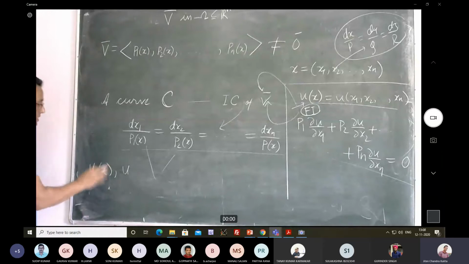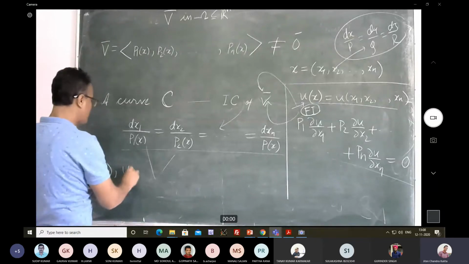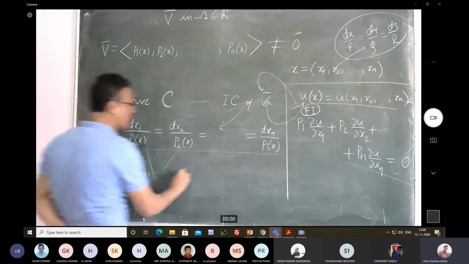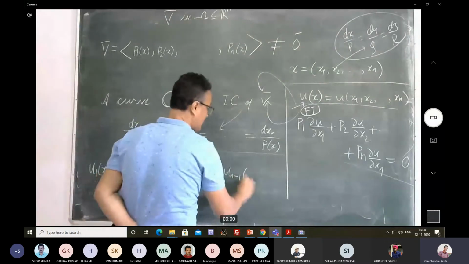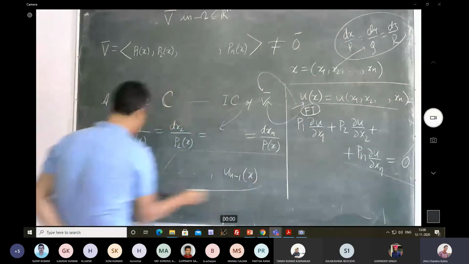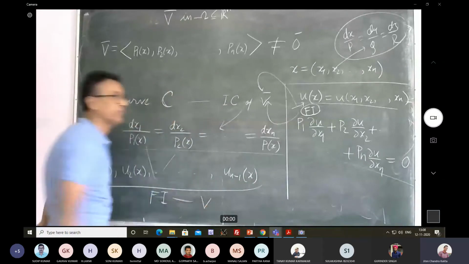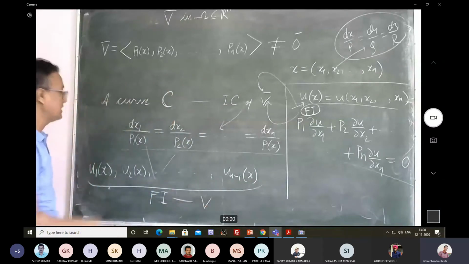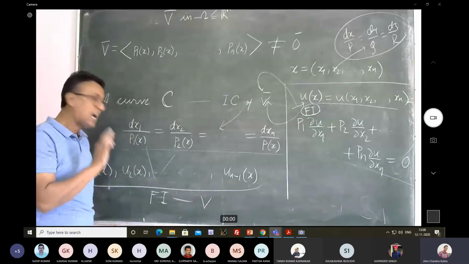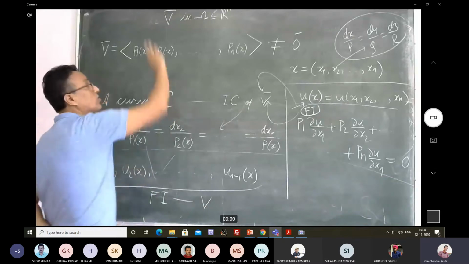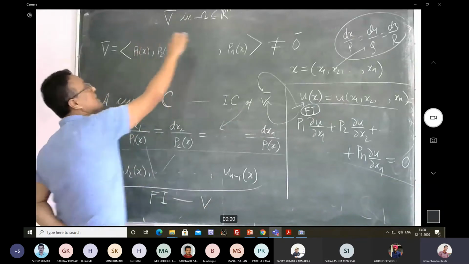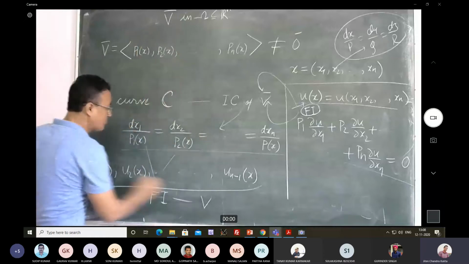You have to remember that. So suppose I have found these n minus 1 first integrals for v, then I can derive an integral curve for the vector v in omega out of these first integrals.